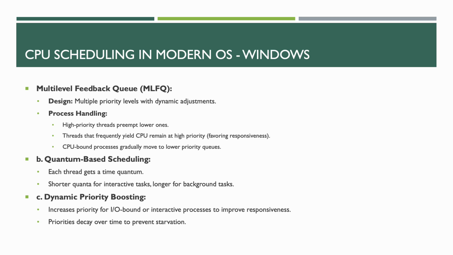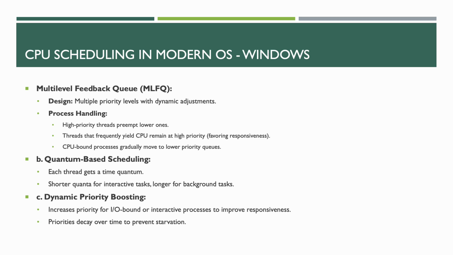High priority threads preempt lower priority ones. This is how it handles processes. Threads that frequently yield CPU remain at high priority, enhancing responsiveness, and CPU bound processes gradually move to lower priority queues to prevent them from dominating system resources.